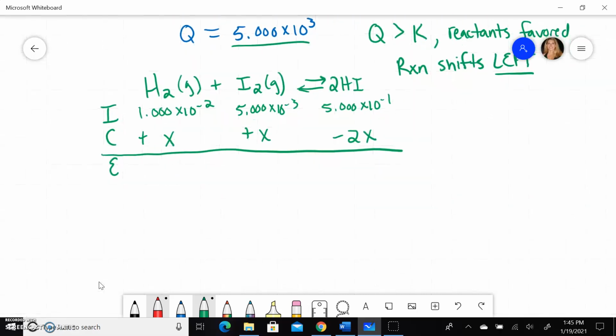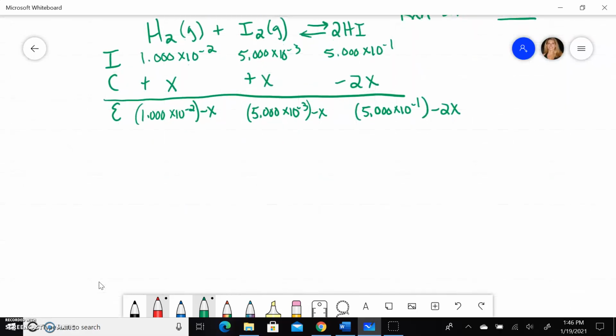So HI has a 2 coefficient, so x needs to also have a 2 coefficient. And now we have our equilibrium amounts with the x still in there.